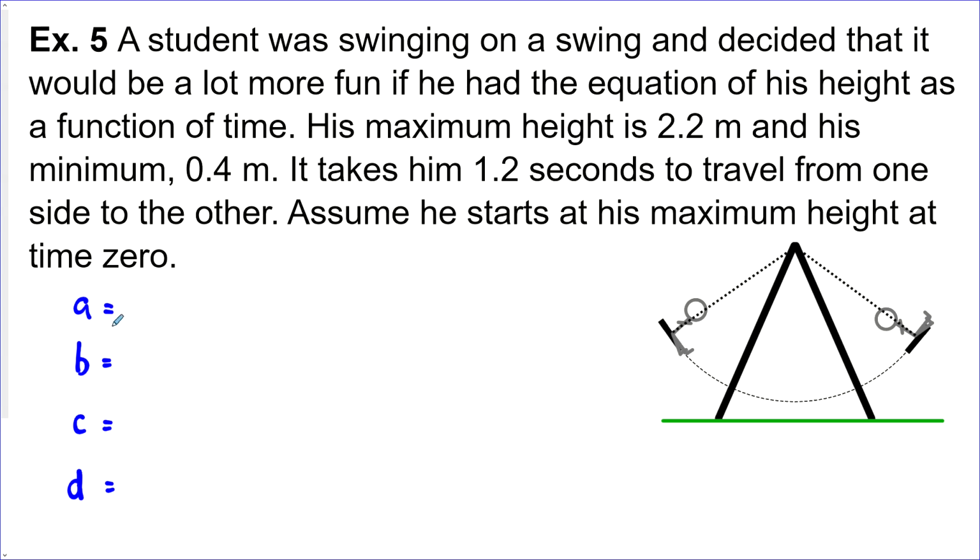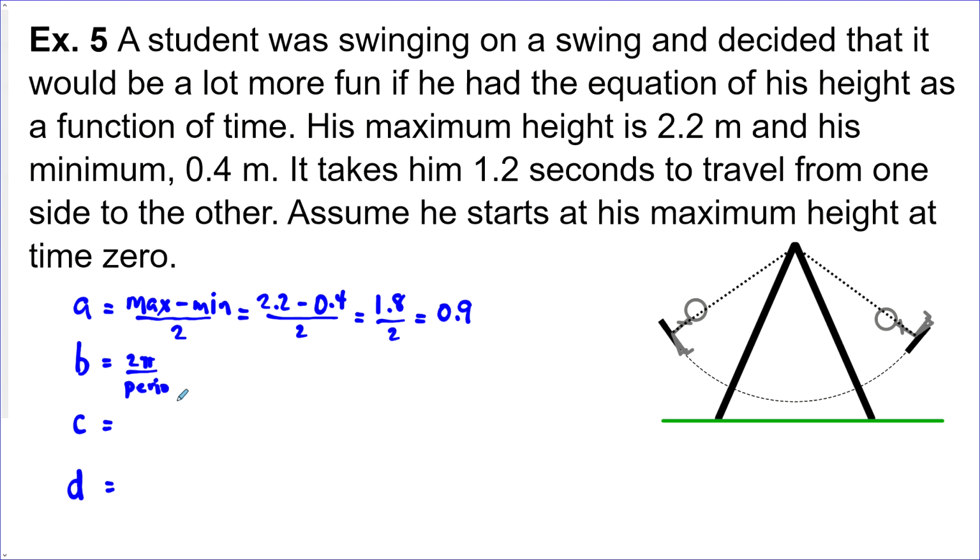So A is the amplitude, and that would be max minus the min divided by 2. So our maximum is 2.2, our minimum is 0.4, and subtract those and divide by 2. So this would be 1.8 divided by 2, and that would be 0.9. Our B value is 2 pi divided by the period.